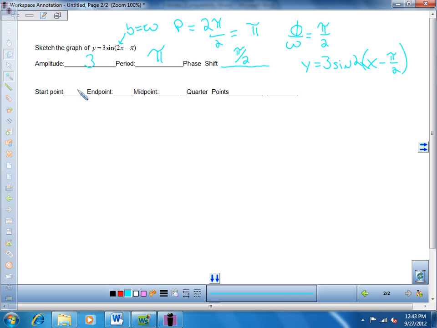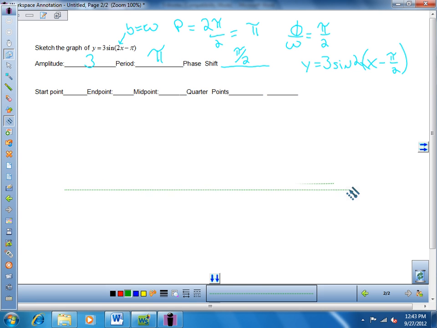Okay. Now I have to figure out the start point. Right, so I'm going to kind of draw an axis, and we have a phase shift of pi over 2. And so I'm going to just kind of start, draw my axis in here. Shouldn't be dotted, but that's okay. So I'm going to call this point right here pi over 2 comma what?